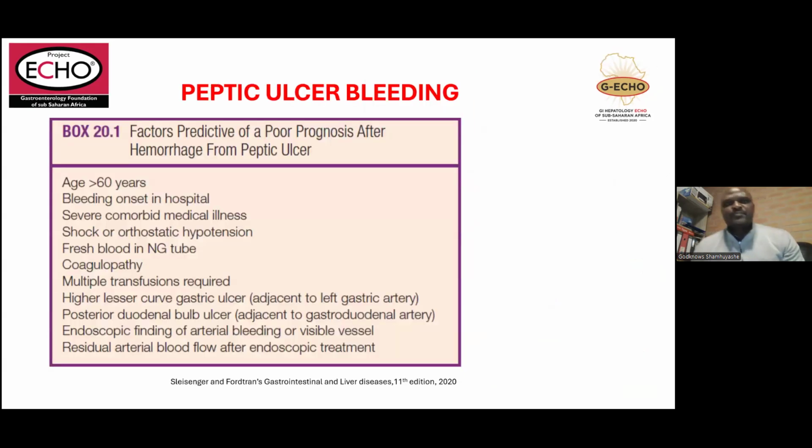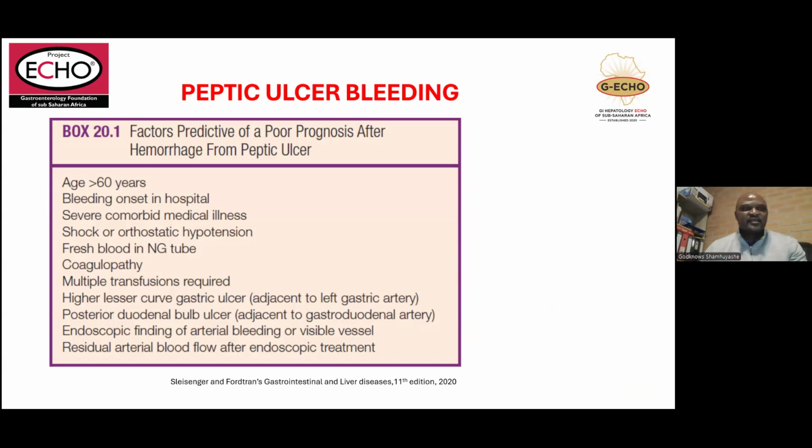So moving on to peptic ulcer bleeding, there are factors which are predictive of a poor prognosis after hemorrhage from peptic ulcer. These are the patients who are at high risk of having a rebleed even after some intervention.